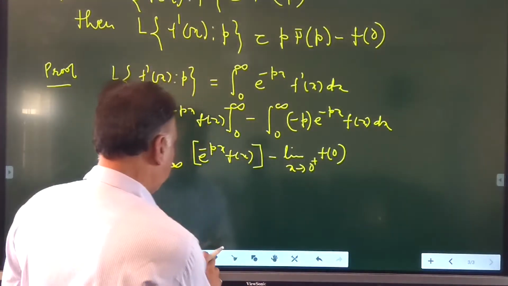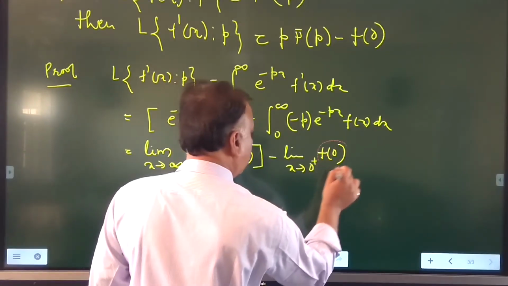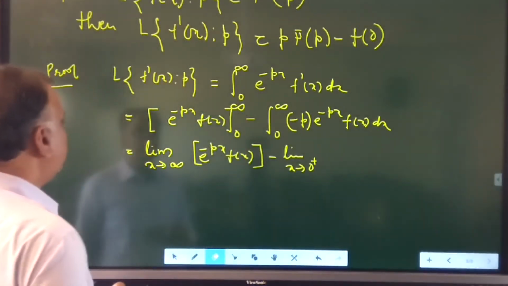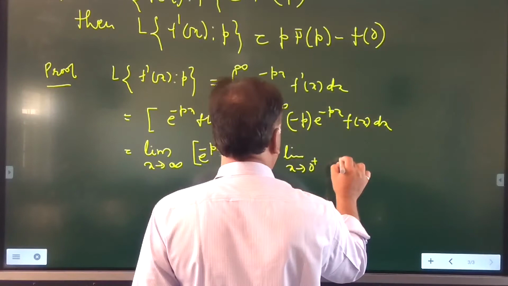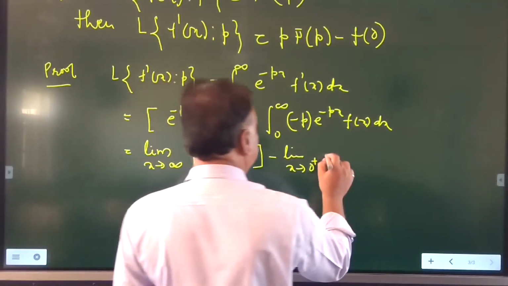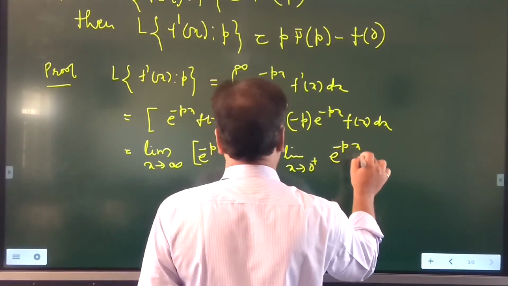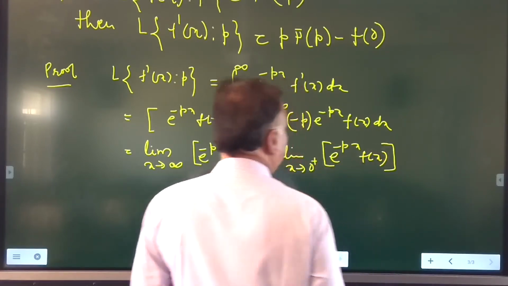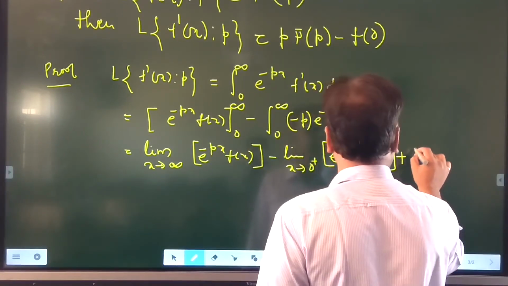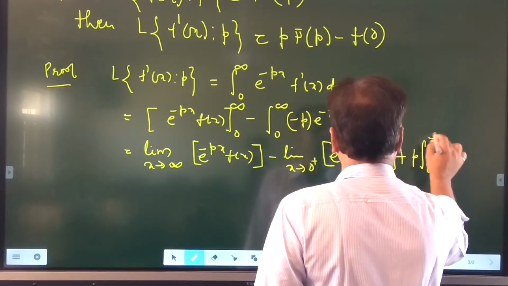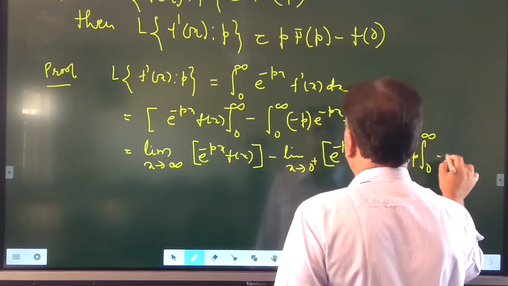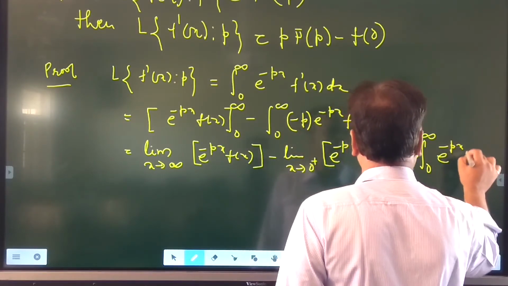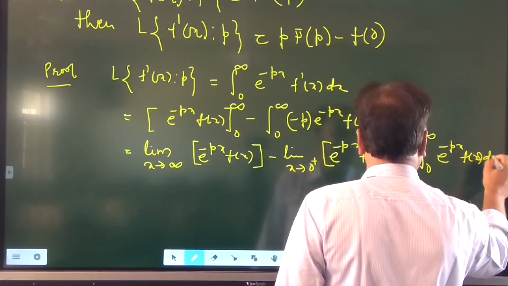plus p times the integral from 0 to infinity of e^(-px) f(x) dx.